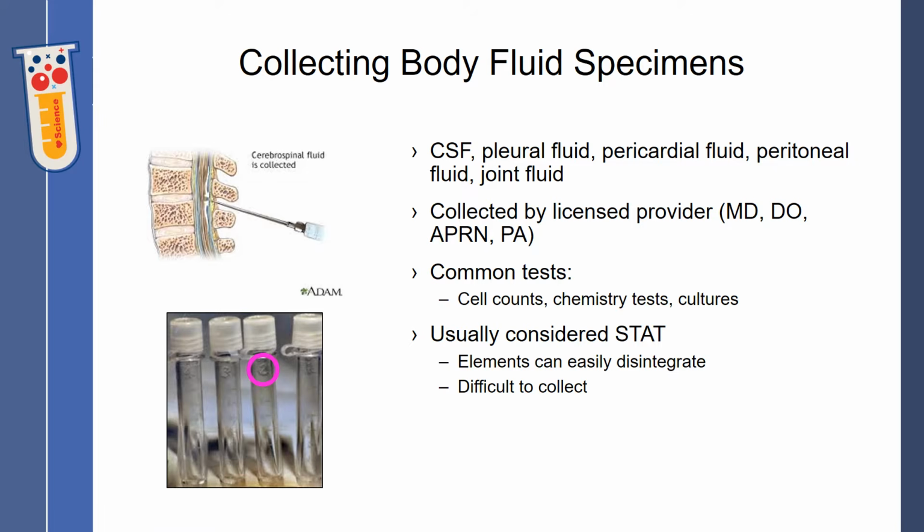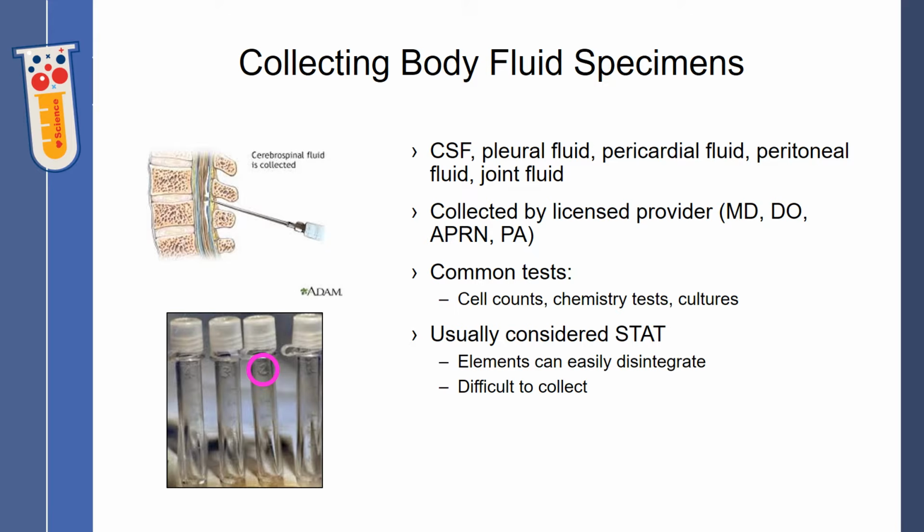And the bottom image shows common CSF collection tubes. These tubes are numbered; you can see in that little pink circle that the tube has a number on it. These should be collected in that order. Number 1 should be collected first, number 2 second, and so on. And the tubes should be distributed to different departments accordingly.